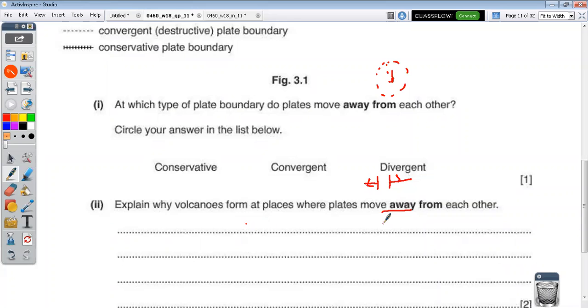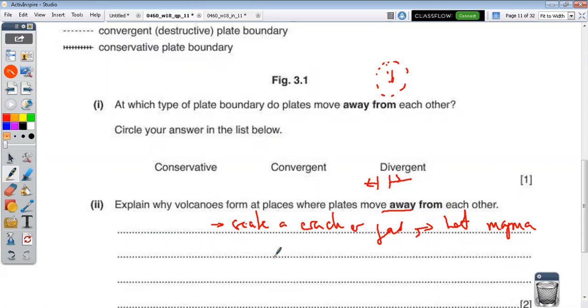Yes. Now remember, what happens is that they create a gap, maybe a crack, as she said, or gap. And when it creates a gap, it means the hot magma from underground escapes.